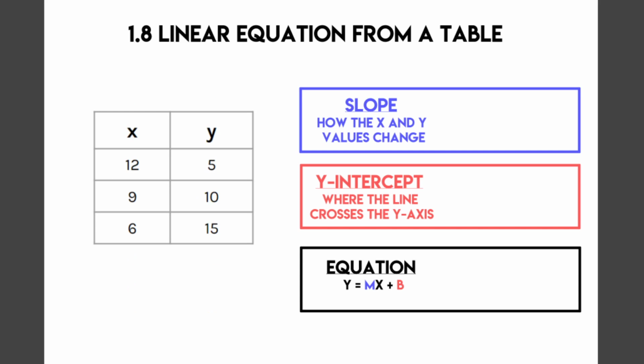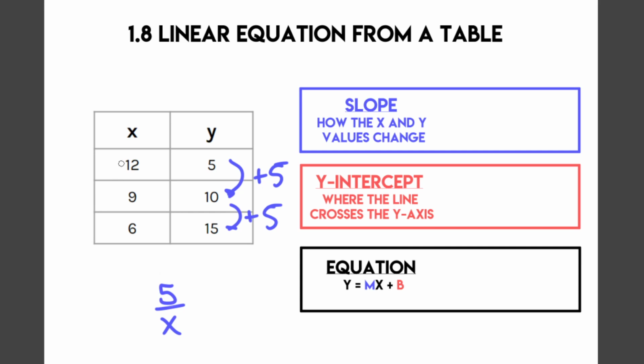Last example. Once again, starting with slope, looking for my change in y over my change in x. My y value in this case is going up by 5 each time, so positive 5.